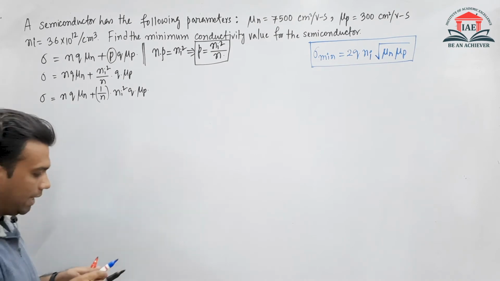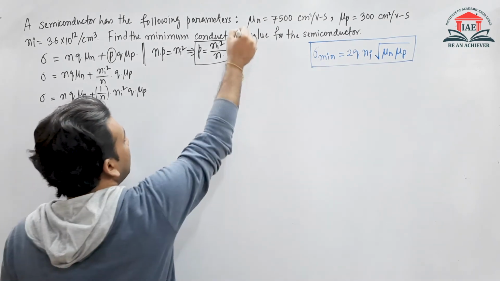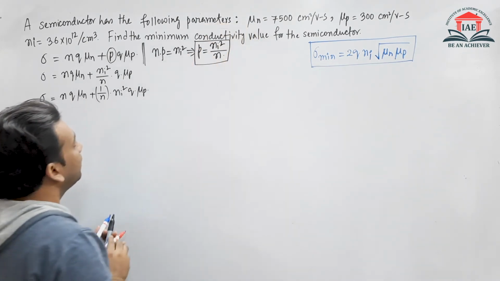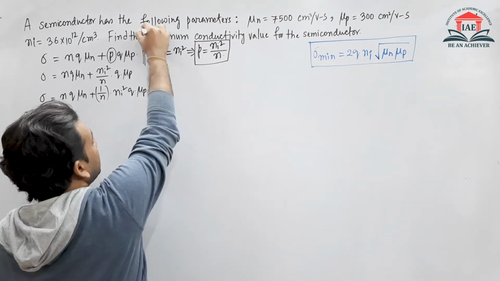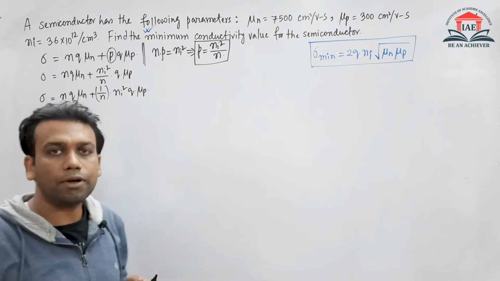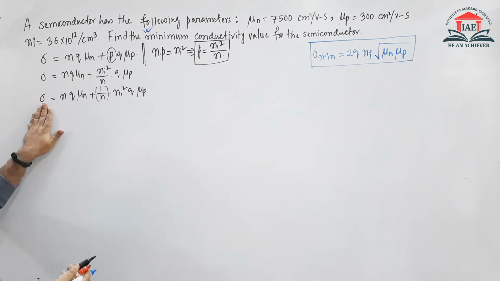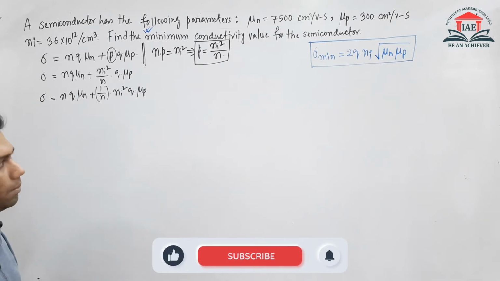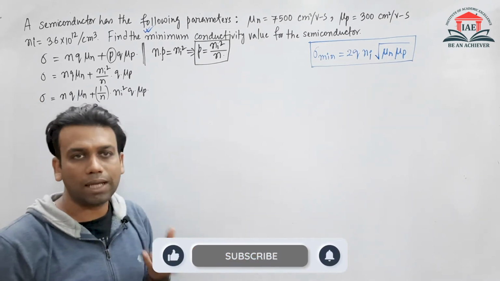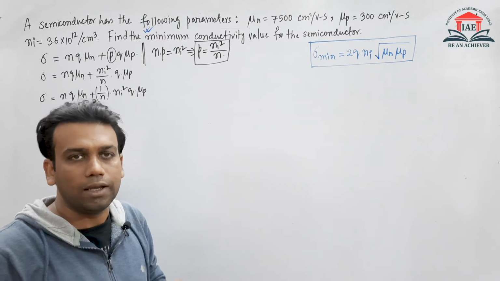अब मेरा काम क्या है कि मुझे क्वेश्चन में पूछा गया था कि व्हाट इज द वैल्यू ऑफ द मिनिमम कंडक्टिविटी. मतलब मेरा सिग्मा जो है, ये सिग्मा आपका कंडक्टिविटी है. So this sigma should be minimum. अब कोई वेरिएबल मिनिमम कब होता है? जब उसका फर्स्ट डेरिवेटिव 0 होता है.